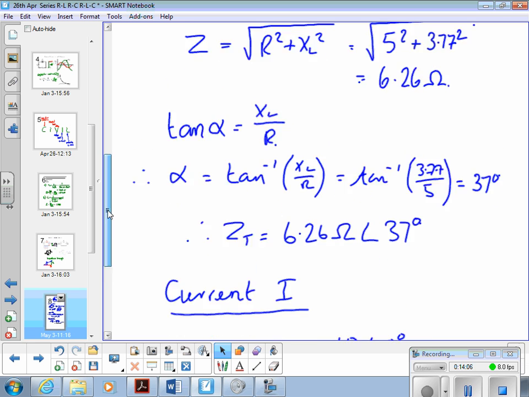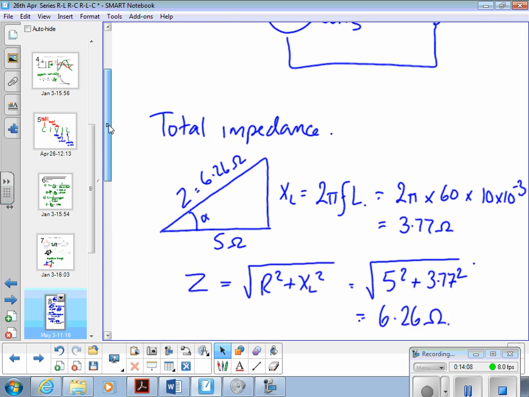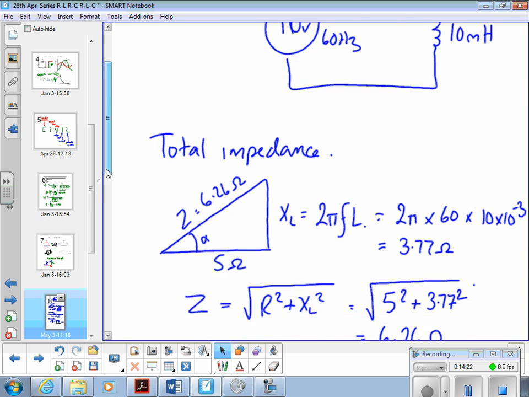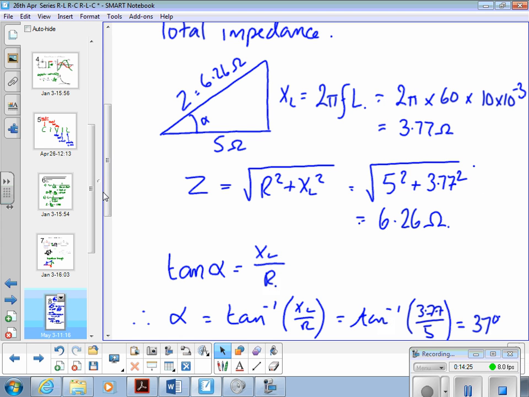What I just want you to think about is, how would that current change if I changed the frequency? If I doubled the frequency, what would happen to the current? Look through those calculations, double the frequency, what happens to that first calculation?